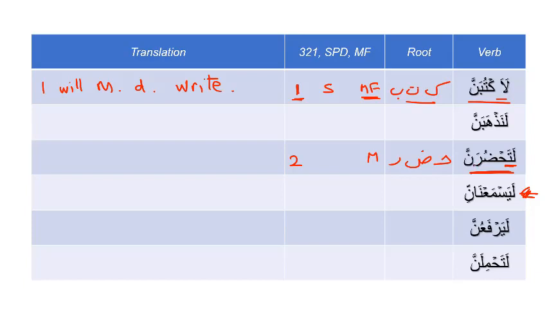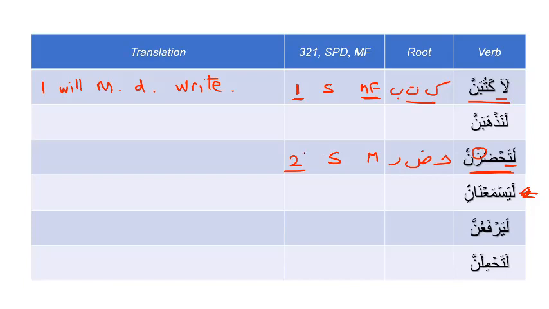Singular. It is singular because of the fatha, zabar. So second person singular male. And what does this mean? You will definitely arrive. Very good. So I think you get the idea.